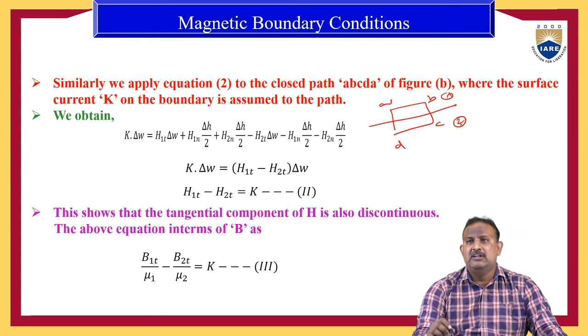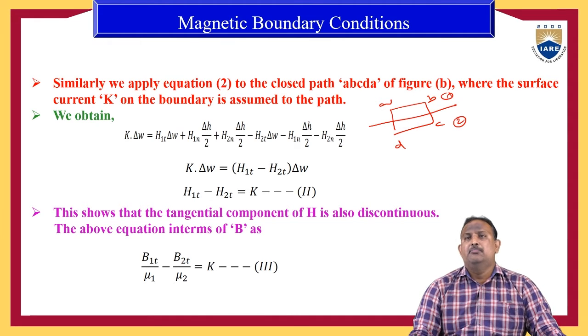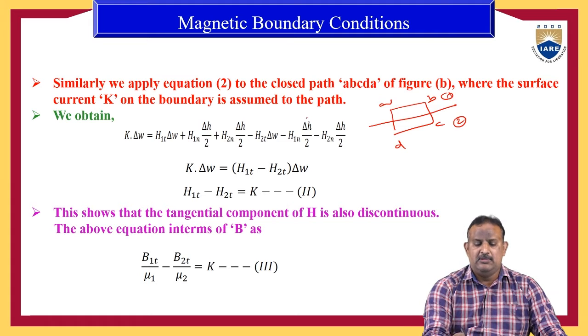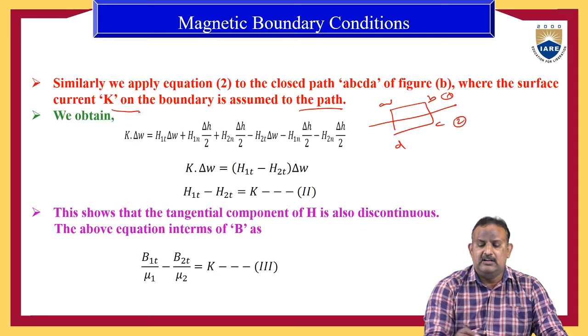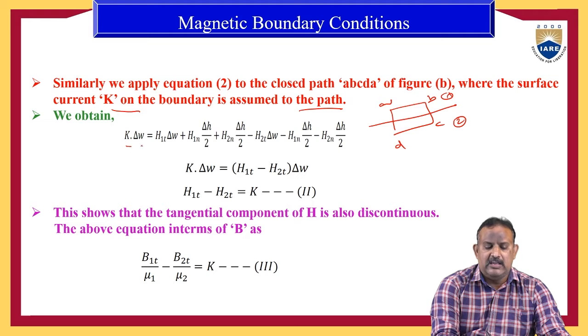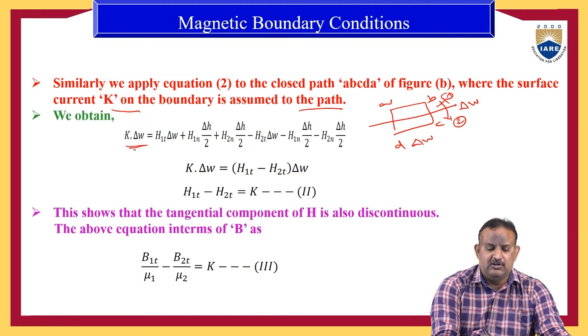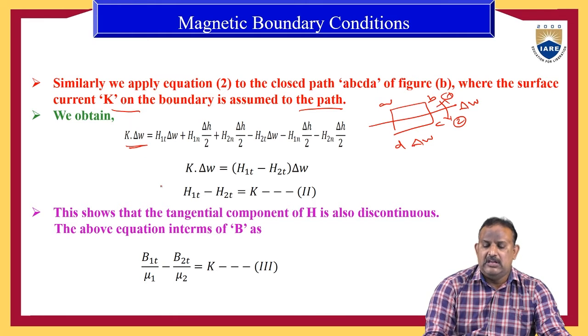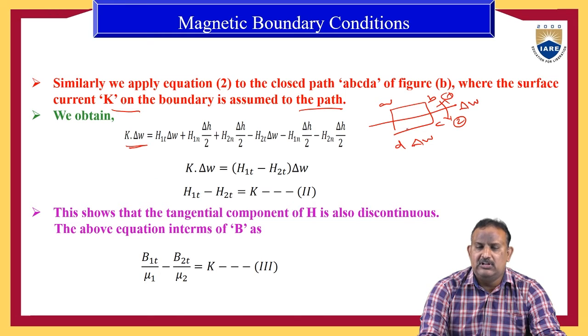The surface current K on the boundary is assumed along the path, because the current is moving with some velocity, so we need to assume a surface current K. Therefore the surface current K into delta W covers the total width, and we are applying the second equation to the total rectangular box.